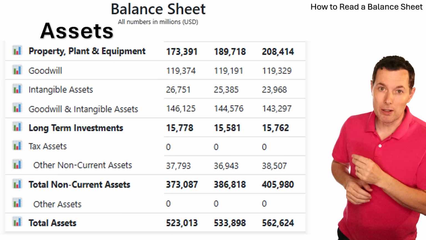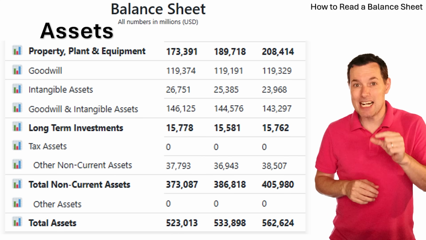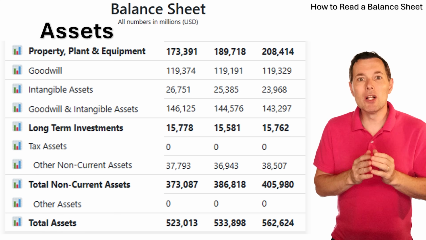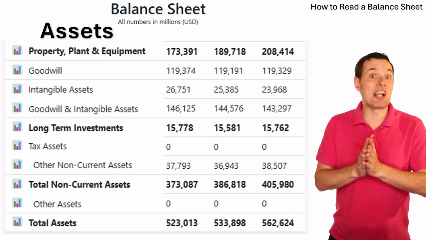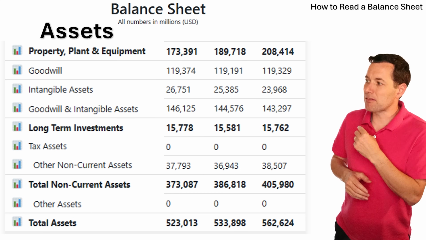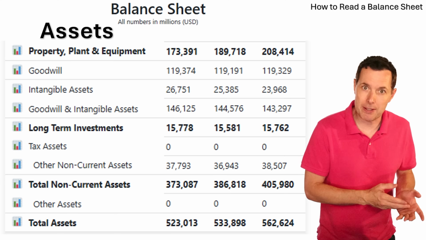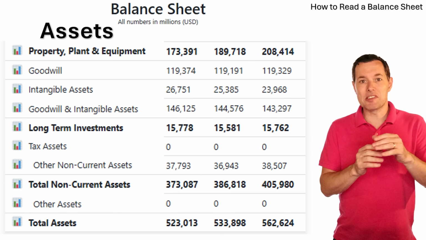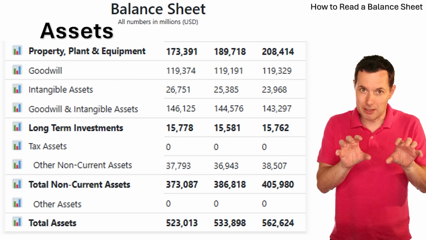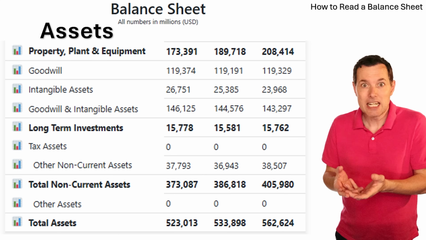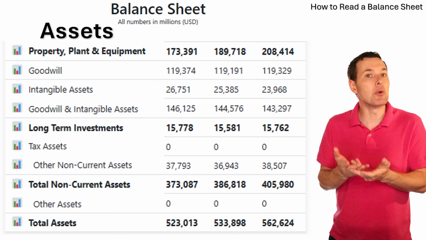Then we've got goodwill. Now, goodwill is a bit of a unique asset in that goodwill comes up on the balance sheet when a company makes an acquisition. So let's pretend Microsoft were to make an acquisition of another company. Basically, they take the tangible assets of that company minus the liabilities, and whatever's remaining is, in theory, the fair value of the company.